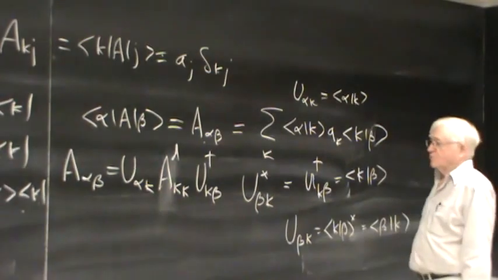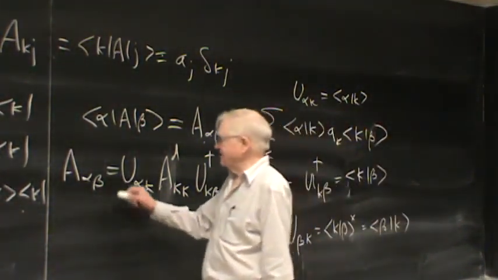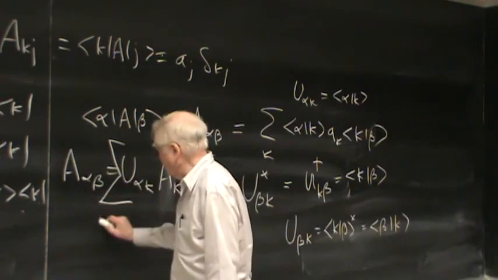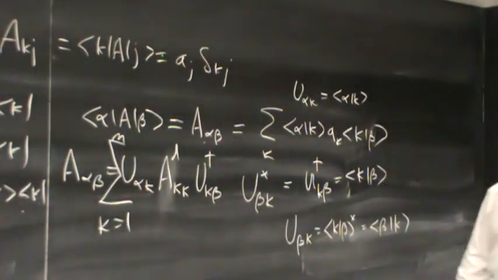And so that's writing it in diagonal form. This is the diagonalization of the matrix, and this would be k equals 1 to n.